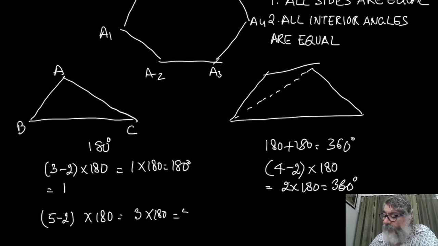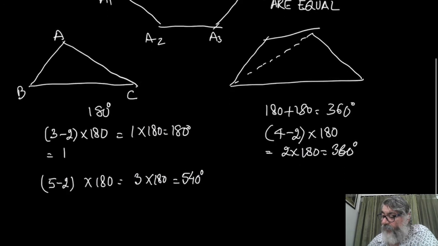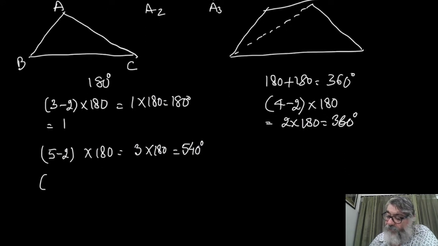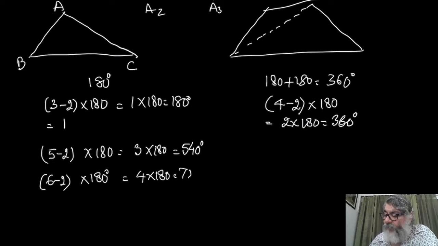That is the sum of interior angles of a pentagon. Similarly, if I do 6 minus 2 into 180, 4 into 180, that is 720 degrees. Similarly for 7, 8, 9, 10, whatever the number of sides of the polygon may be.